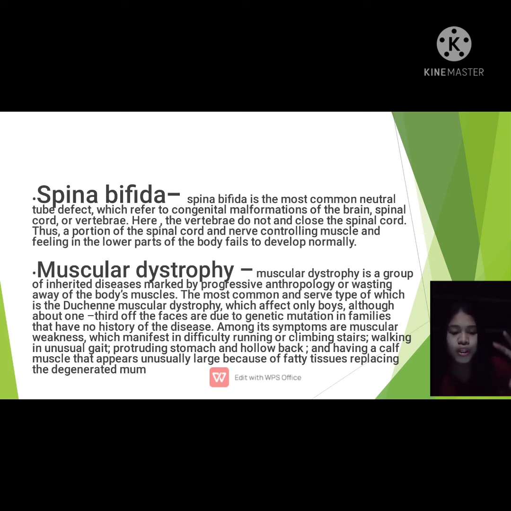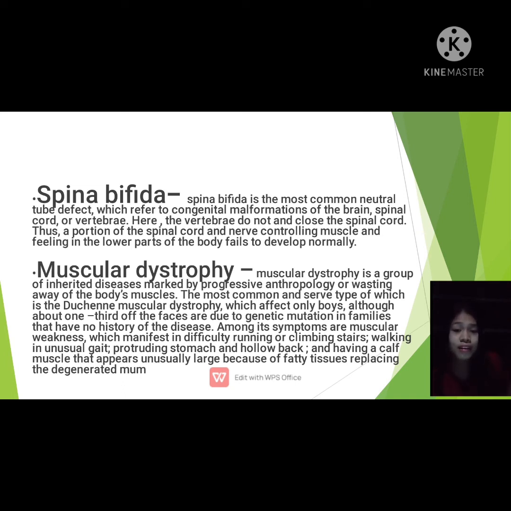Thus, a portion of the spinal cord and nerves controlling the muscles and feeling in the lower parts of the body fails to develop normally. Ayan, so, ang spina bifida is a condition that affects the spine and is usually apparent at birth. Ang sanhi nito ay kakulangan sa folic acid sa dieta ng ina.